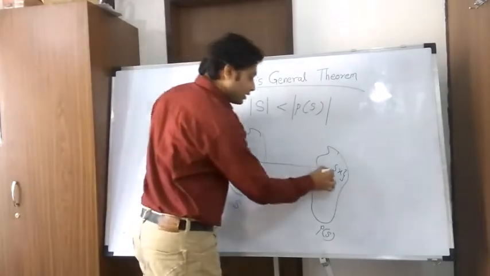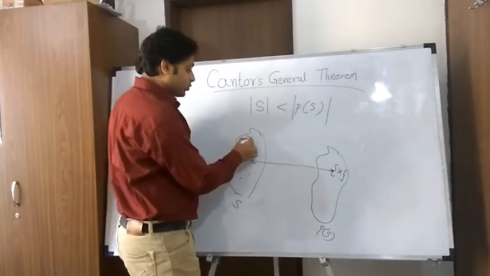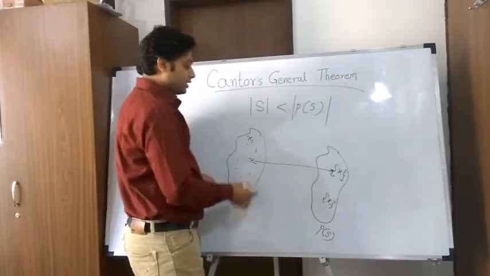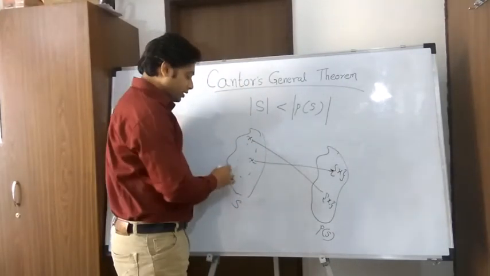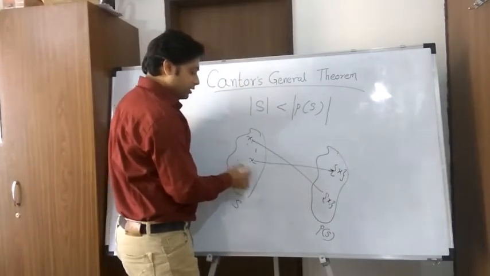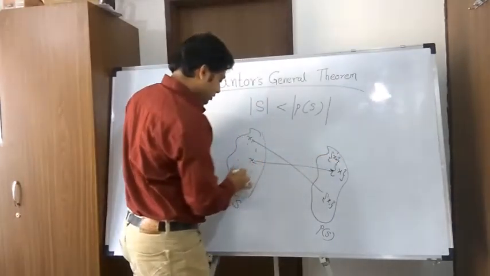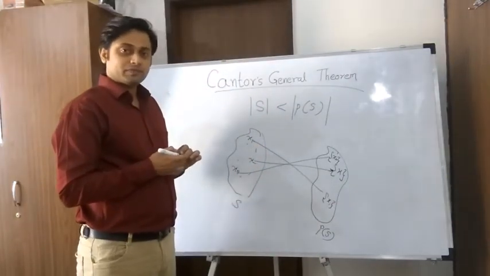So I will map X to the singleton set containing X. Maybe there is some X1, so there should be a singleton set which contains X1. So X1 is mapped to the set containing X1. Maybe some Xn. So there must be a singleton set containing Xn, and Xn is mapped to the set containing Xn.